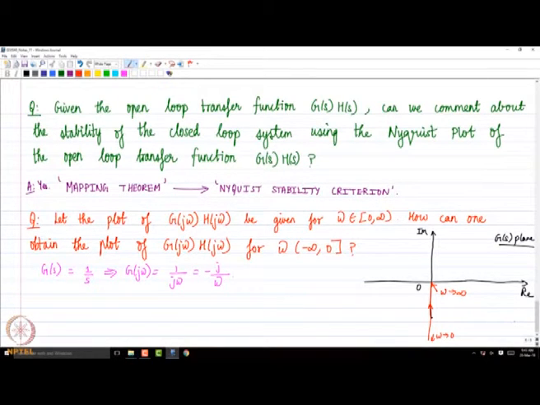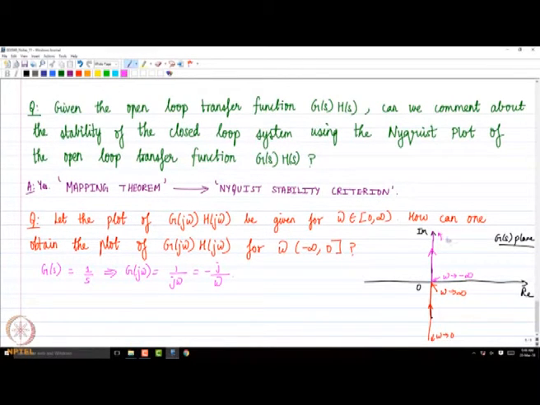When it goes from minus infinity to 0, what is the value as it tends to minus infinity? Anyway, it will be 0. And as it goes to 0, it will blow off to plus infinity because it is coming from the negative side. So it will start from this as it goes from minus infinity, and then it will go to plus infinity.